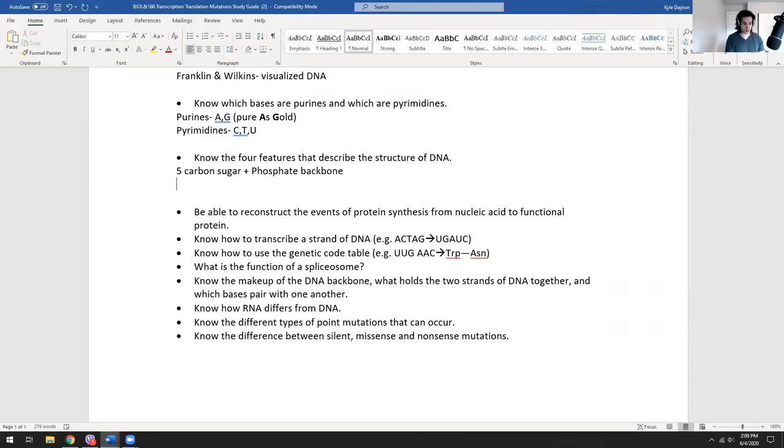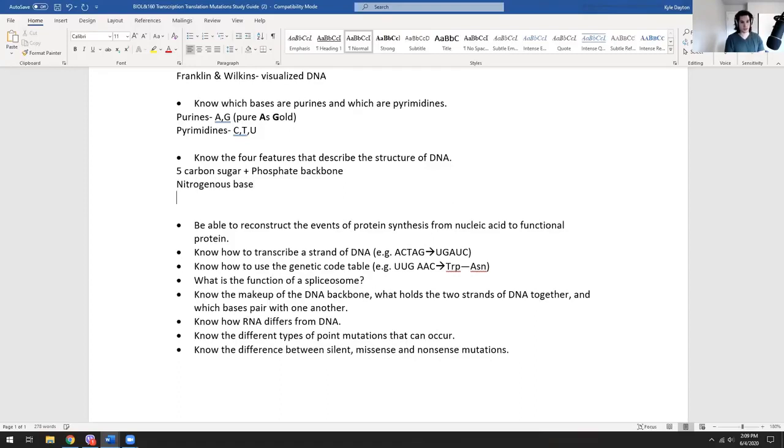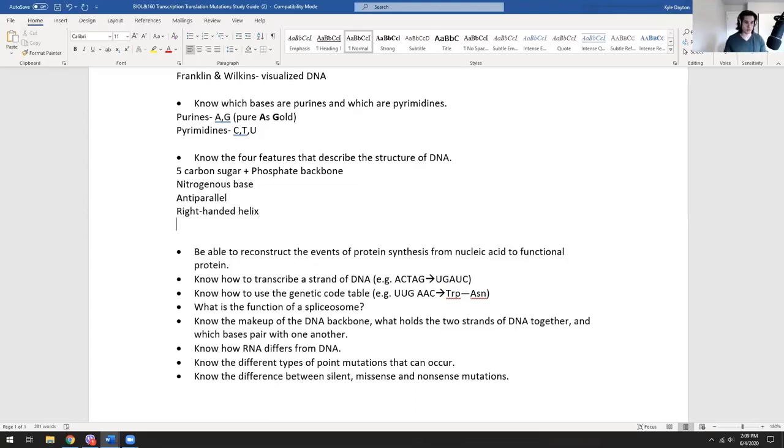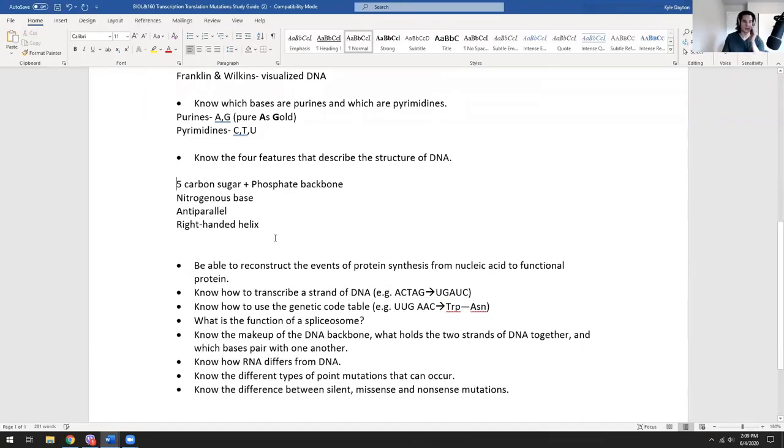We've got the nitrogenous base. We know that DNA is going to be anti-parallel. It's going to be a right-handed double helix. It's probably more than that, actually.